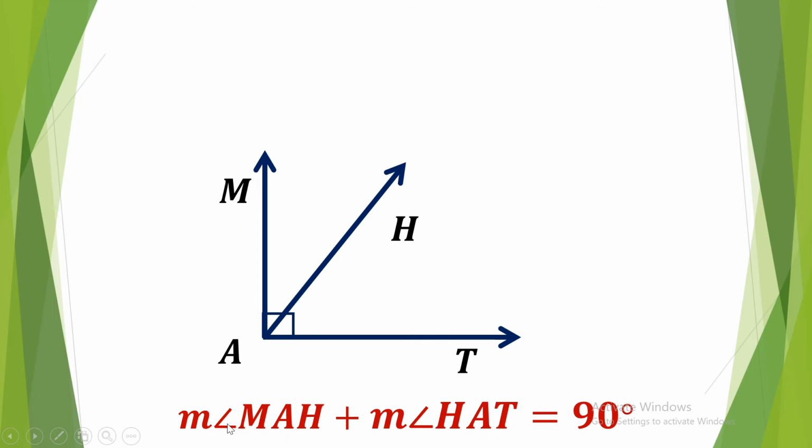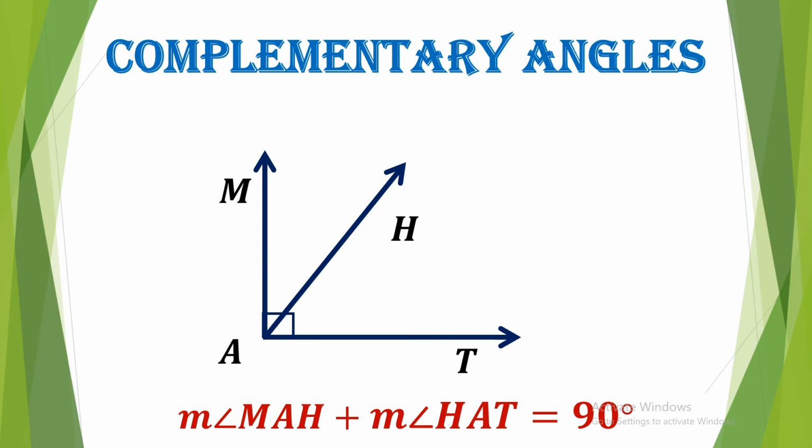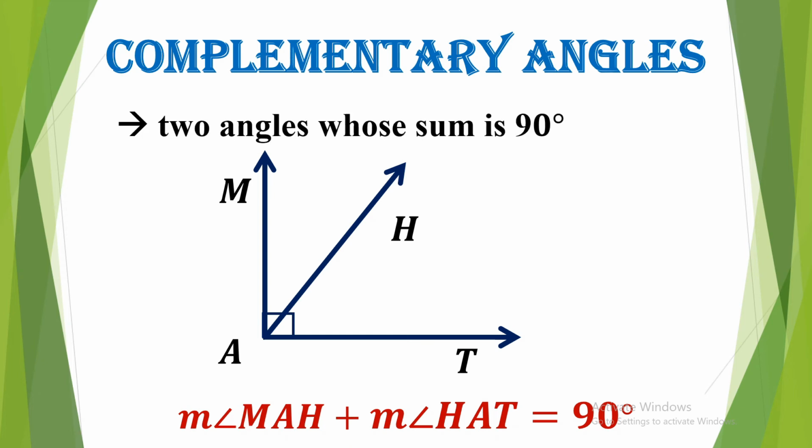So in symbols, we have measurement of angle MAH plus the measure of angle HAT is equal to 90 degrees. We call them complementary angles. So these are two angles whose sum is 90 degrees.